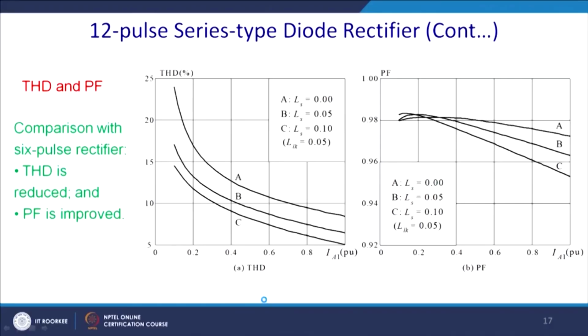Let us see what the changes in the THD are with loading. With source inductance being 0, which is most unlikely, this will be the THD. Ultimately, if you load it, it comes close to 8%, as mentioned in the previous slide.